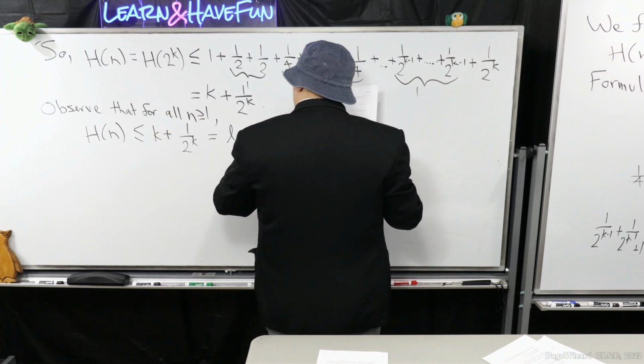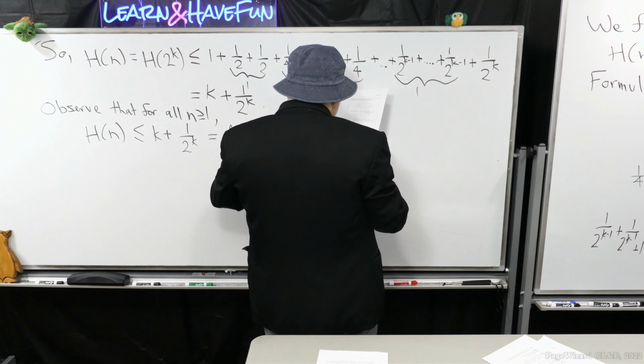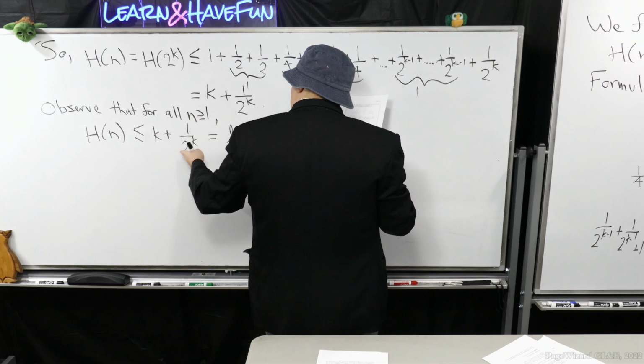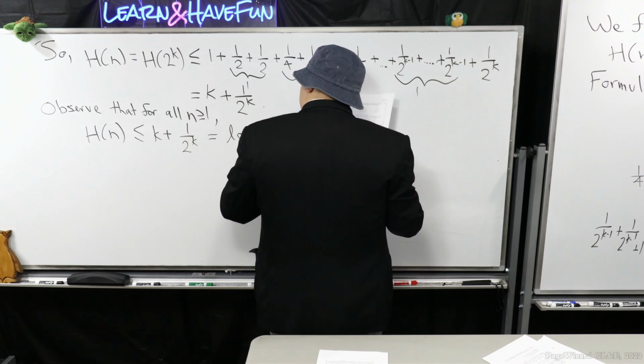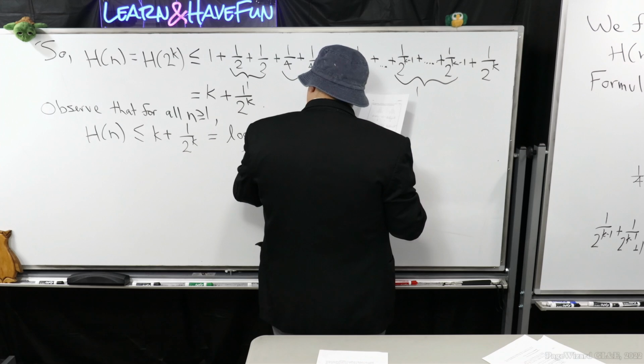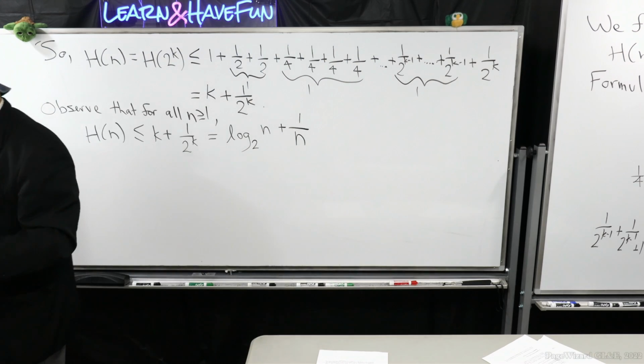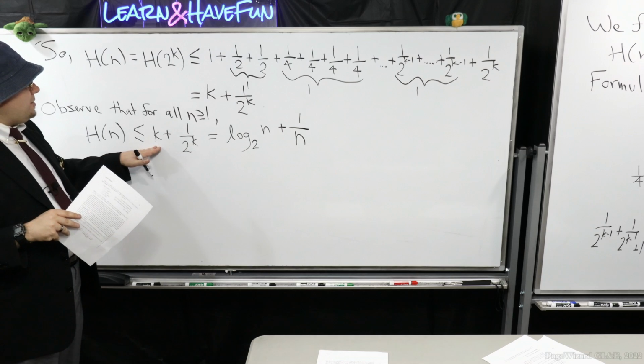If you're unsure about that, go back to the previous time we went through this, and you'll see that I'm just talking about the same thing. And remember, 2 to the power k is equal to n. So I have log base 2 of n, which, if it's unclear, just remember what it would be.